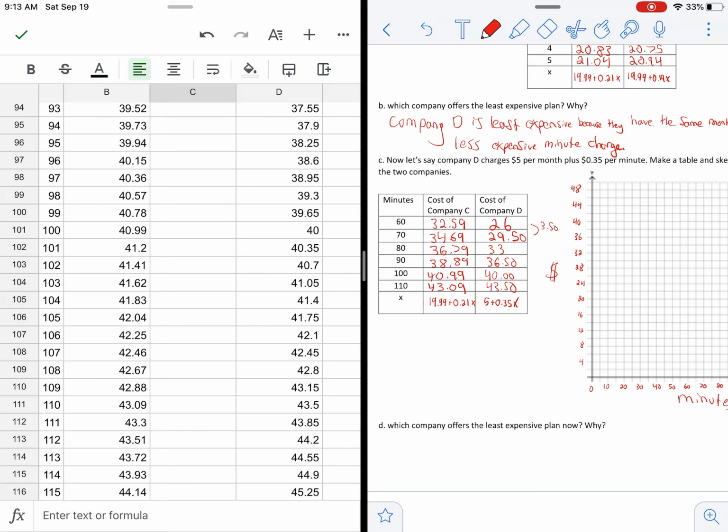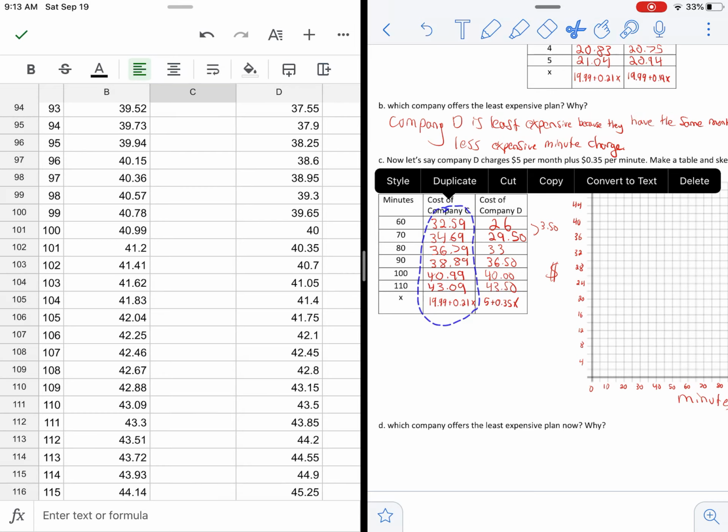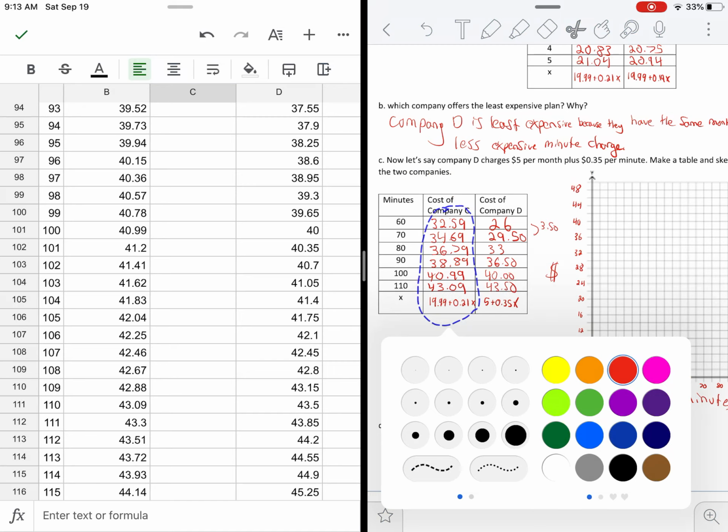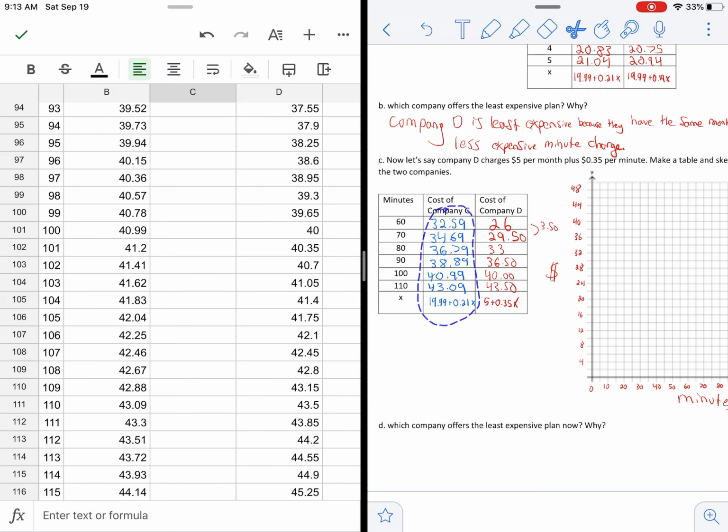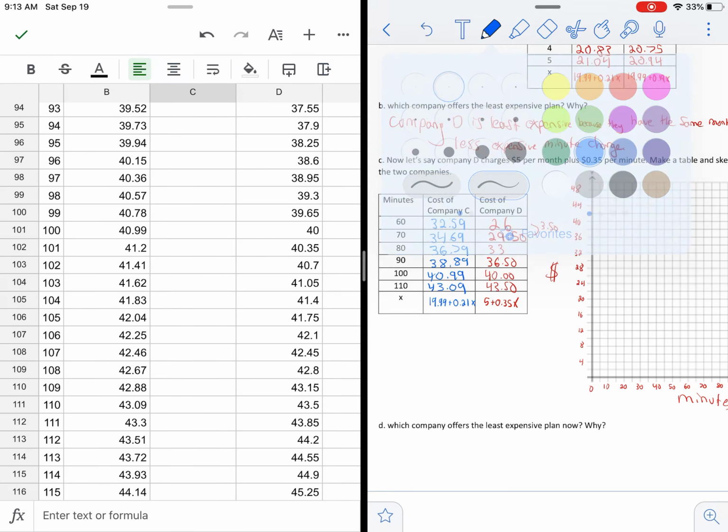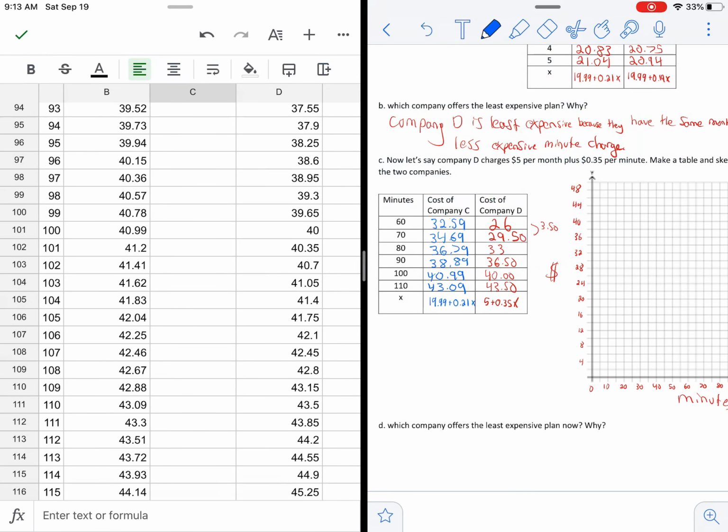All right, so I'm going to actually try something here. I wonder if I can do this and change the color of it to, let's say, blue. Oh, fantastic. Okay. All right, so we will deal with Blue Company C first.